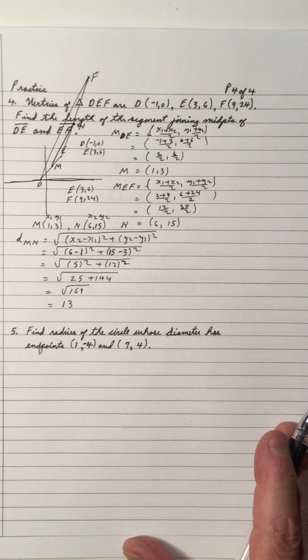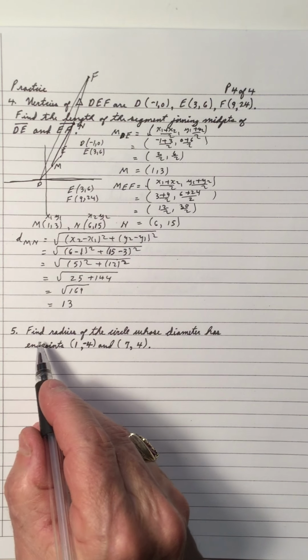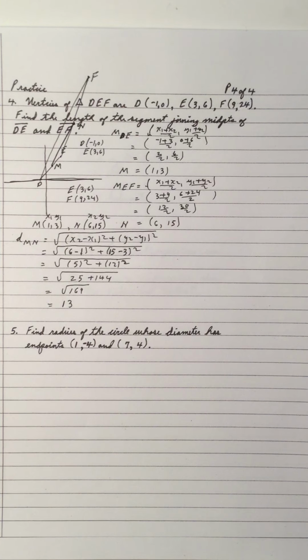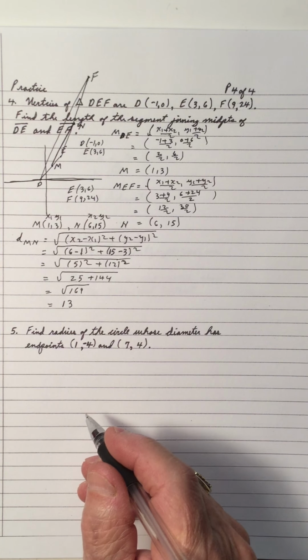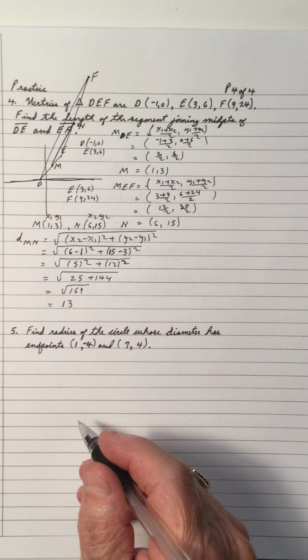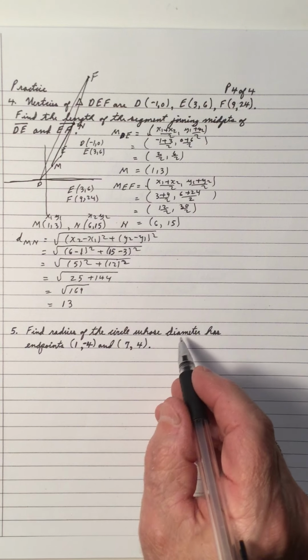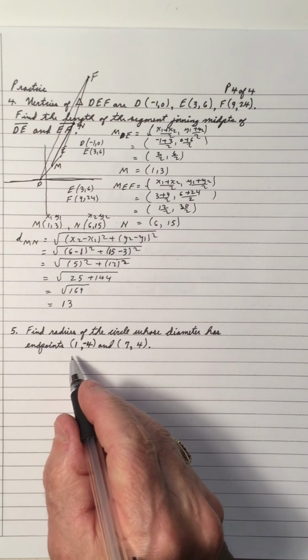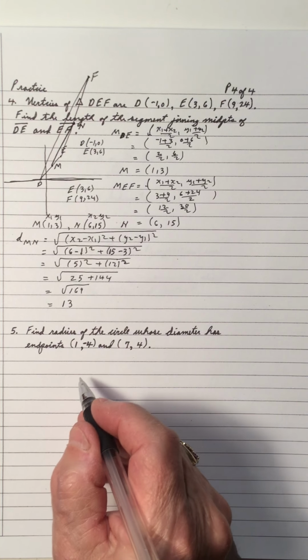And number 5, again, if you wish to pause the video, do so. Find the radius of the circle whose diameter has these endpoints. There are two ways to do this. One way is to get the middle of the diameter.